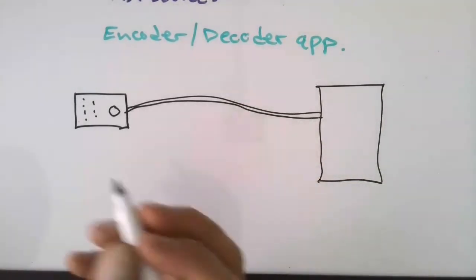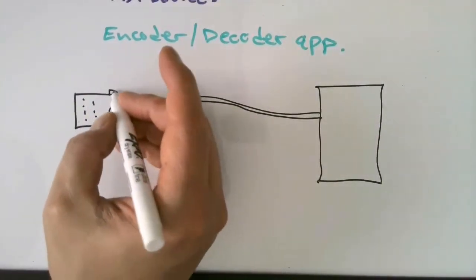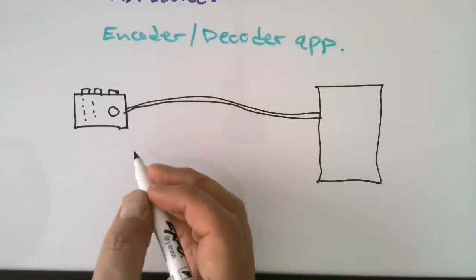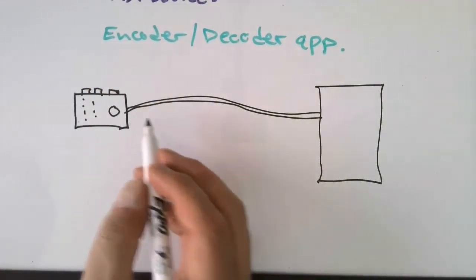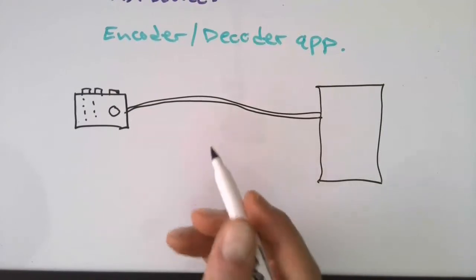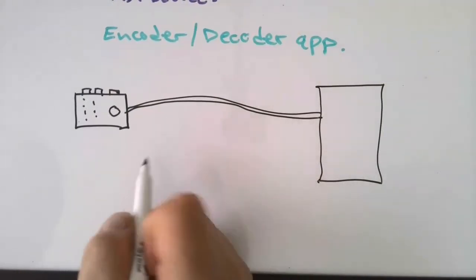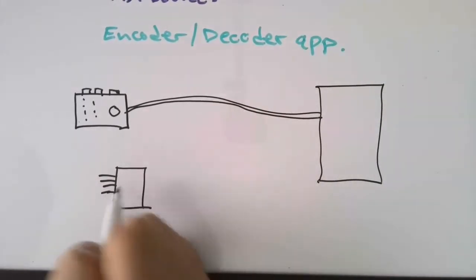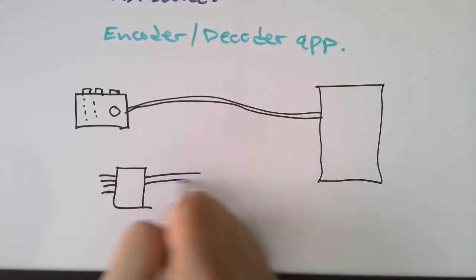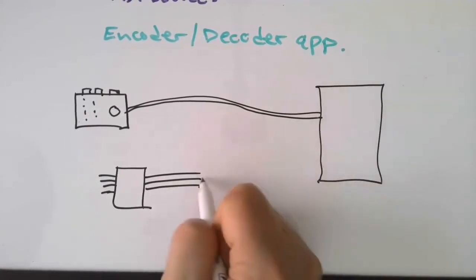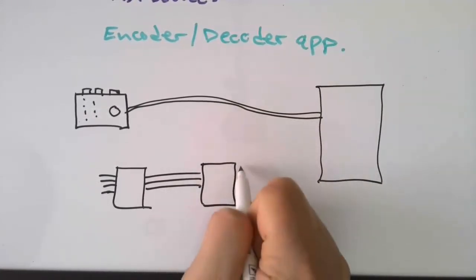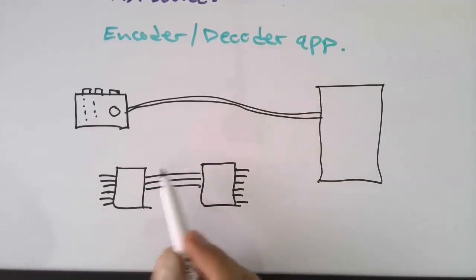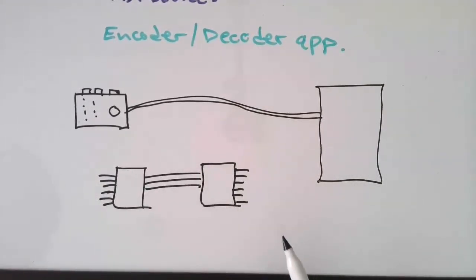But then they said, well, we actually want to add 2 more buttons to this thing. Actually, it's 3 buttons. But they're running out of wires. So what I ended up doing was using an encoder on one end to take all these extra wires in, and then ran only 3 wires all the way to the control box, back through a decoder to get all those inputs reconstituted, as it were.